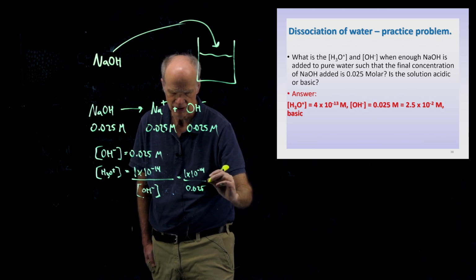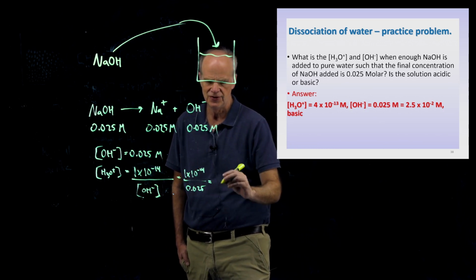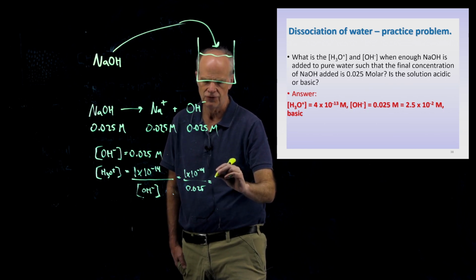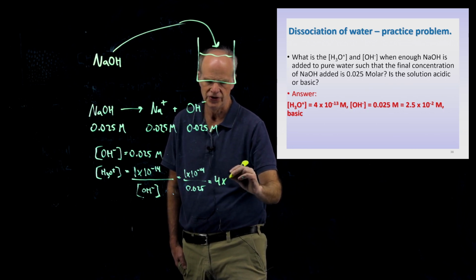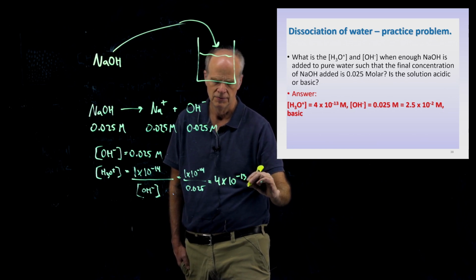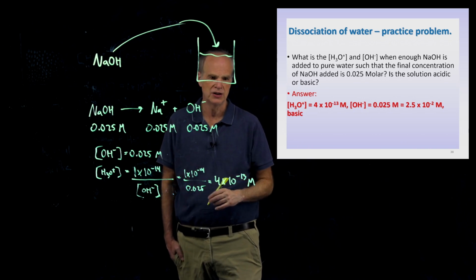I'll leave out the units to make my life easier. When you divide those two numbers, what I got was 4 times 10 to the negative 13 molar. So we now know what the hydronium concentration is.